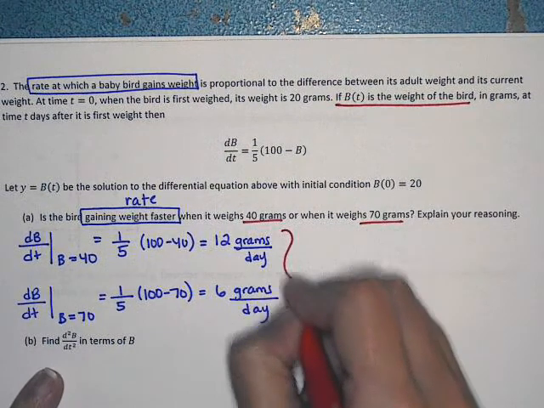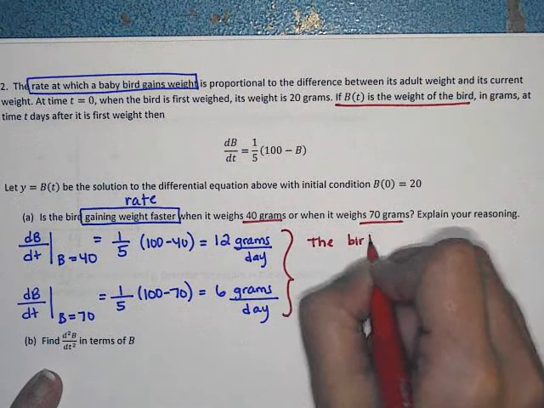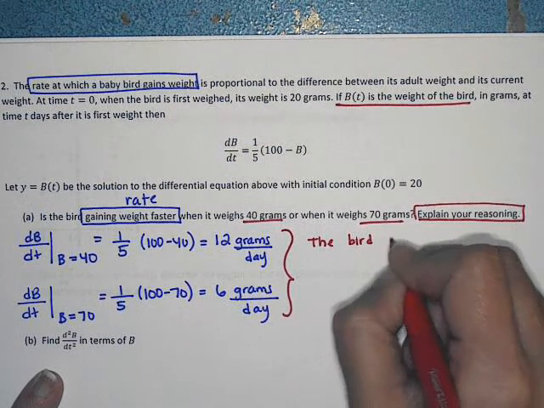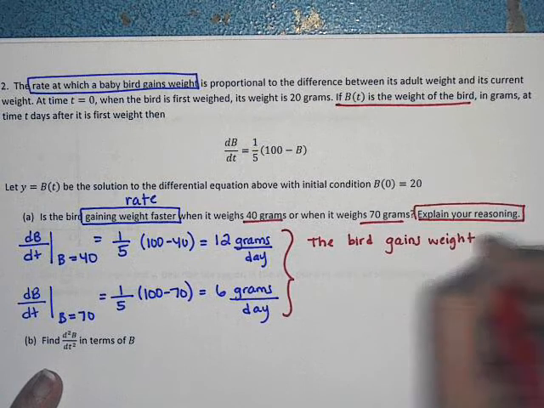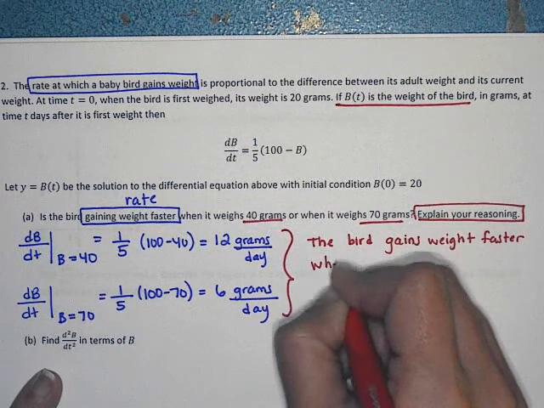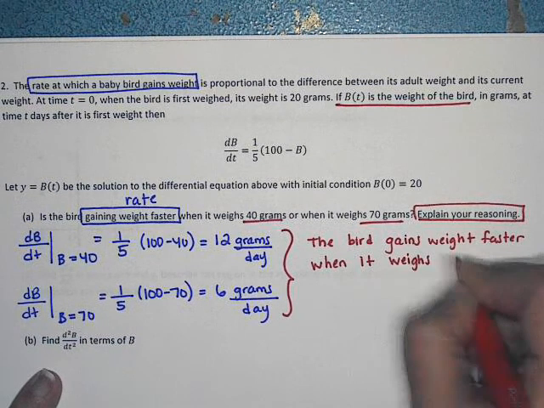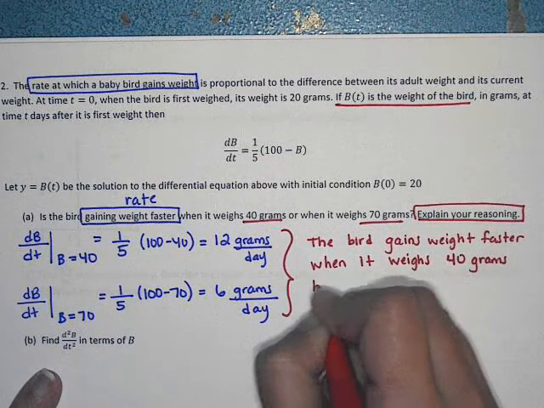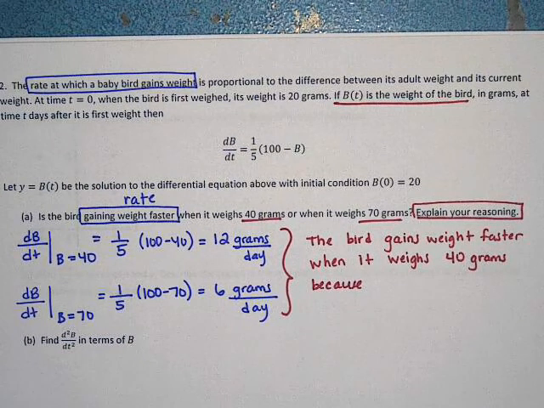So we would say the bird, and the reason I'm writing this is it says explain your reasoning. The bird gains weight faster when it weighs 40 grams because, so now that we've answered the question, we need to tell why.